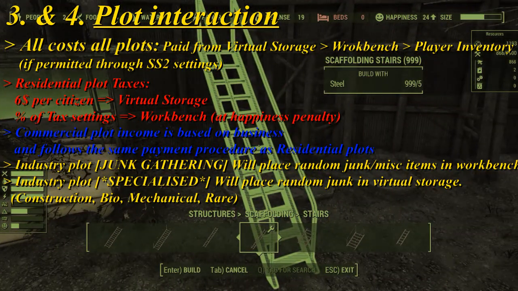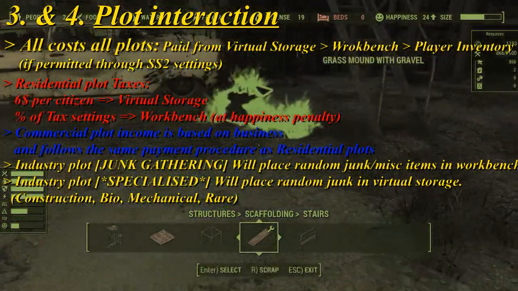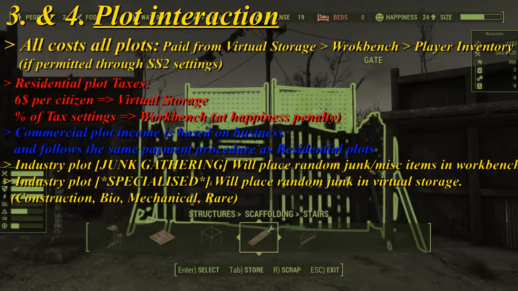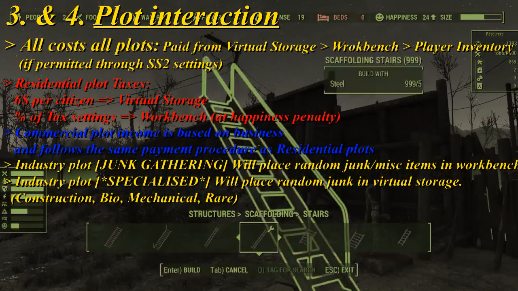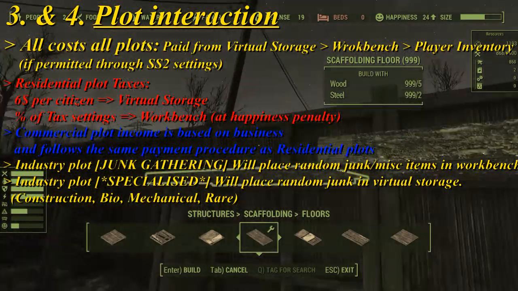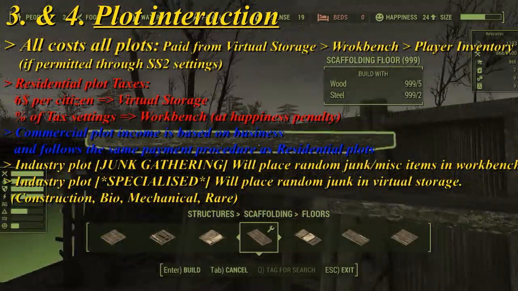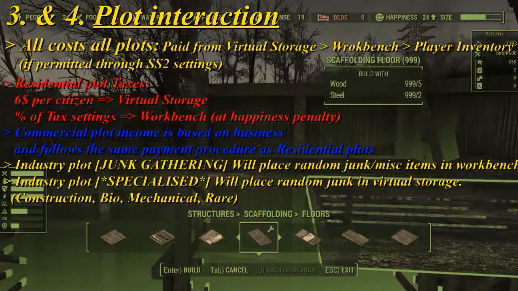What does that do? The scavenger plot scavenges for junk, but also miscellaneous items at times, and those items of a scavenger plot again go into your workbench. The upkeep cost is paid the same way as all the other plots, so I don't need to explain that. So scavenger plots go into your workbench.